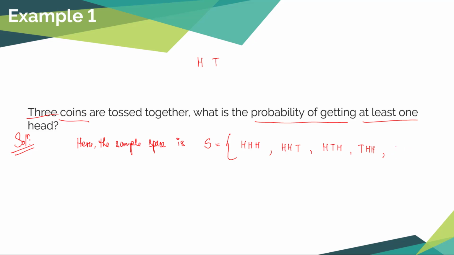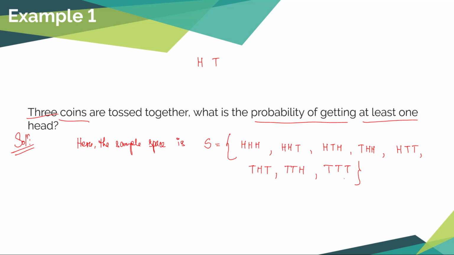The next possibility may be 1 head and the next 2 are tail, right? Next may be tail, head and tail, or tail, tail and head. The last one is tail, tail and tail. That means all of them are tail.